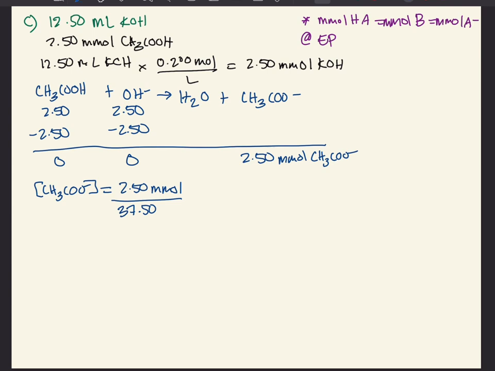I shouldn't have said base there. So I'll have a total volume of 37.5 milliliters. Now, when you're doing this, notice that the millis cancel out and you're left with units of moles per liter.